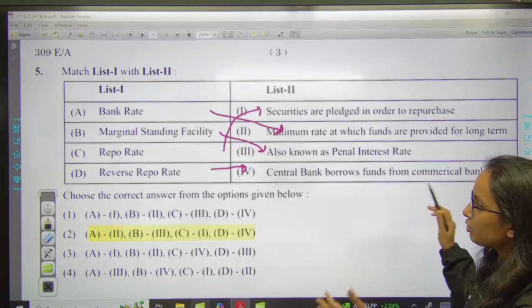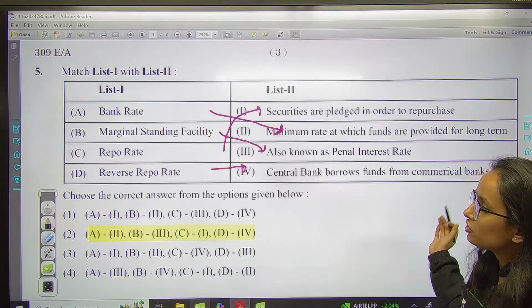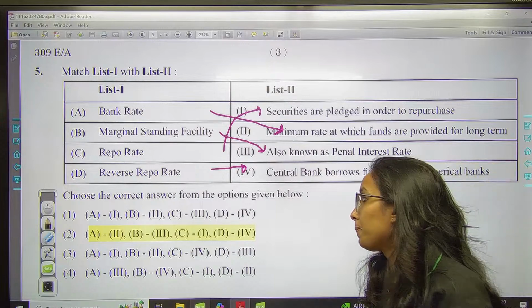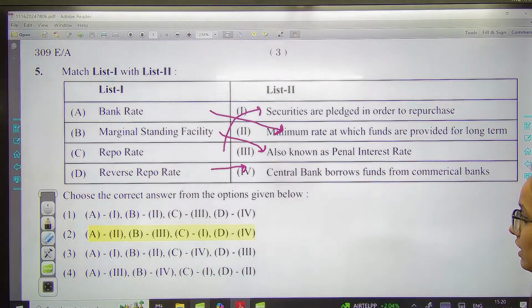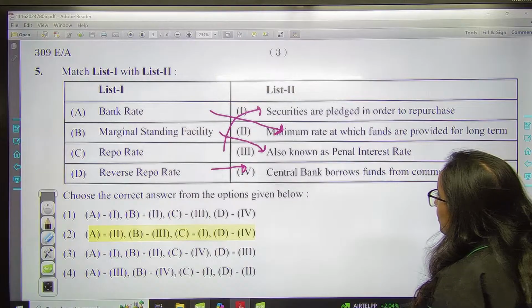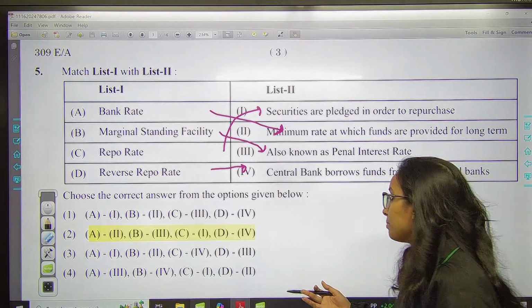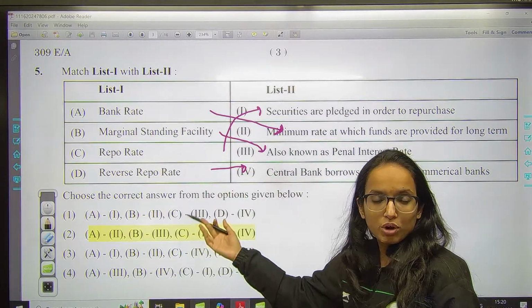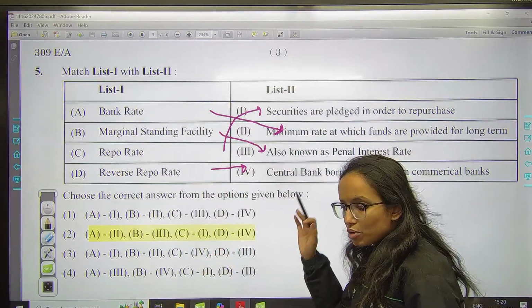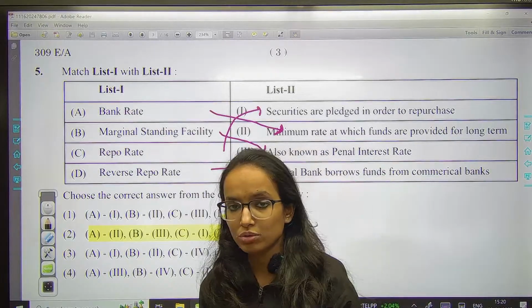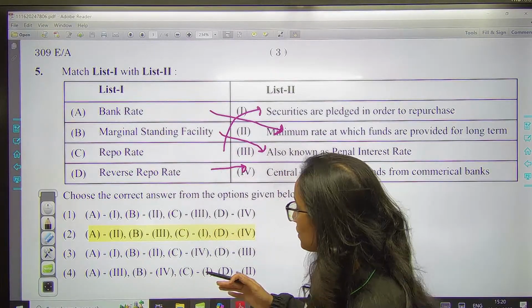Then they also ask you questions where you have to match the columns, like list A with list B. Bank rate would be the minimum rate at which funds are provided for the long term. They also asked what MSF is. Monetary policy and the quantitative tools are again repetitive questions, right?